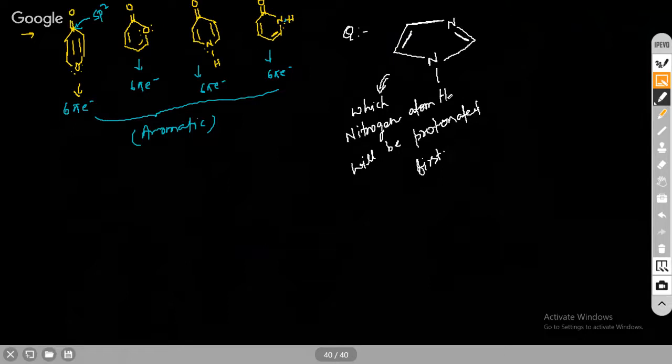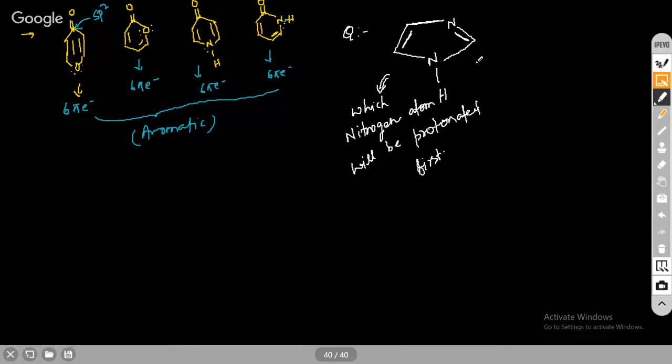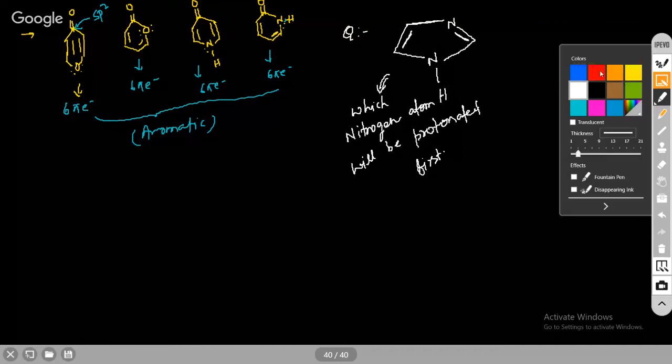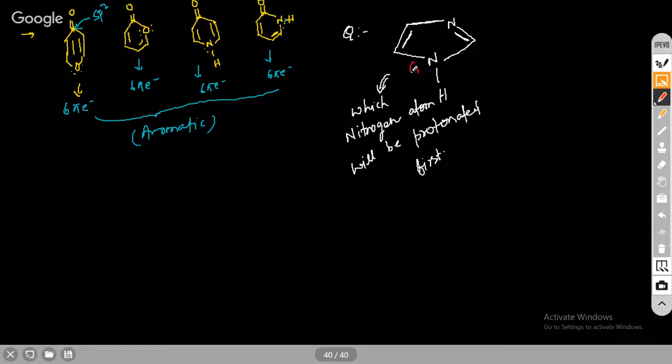Means if H plus is there to attach with a nitrogen atom, where will this H plus attach, on this nitrogen or the other nitrogen? Suppose this is first, this is second. On which nitrogen atom will the H plus attach first? Reason why it is second?